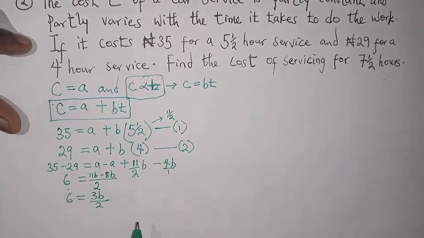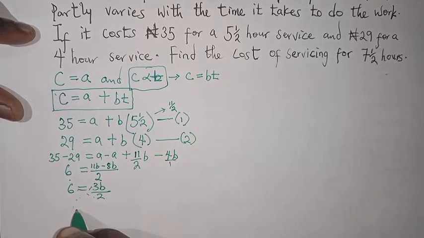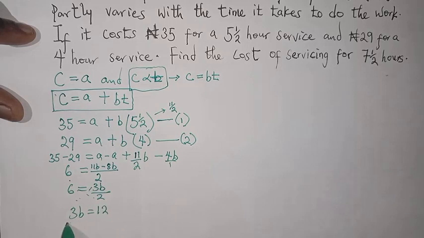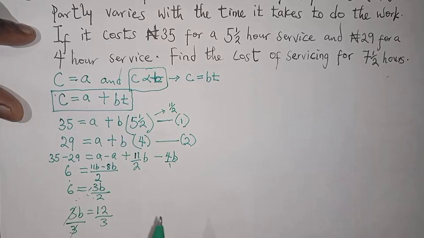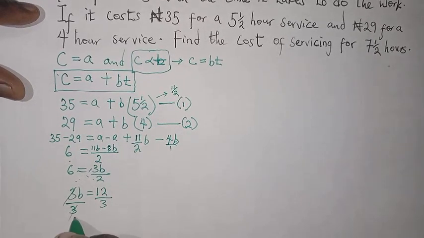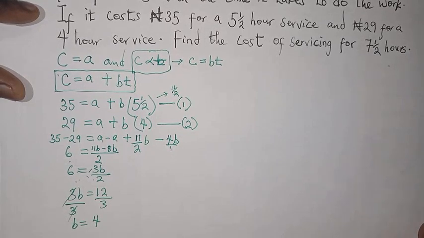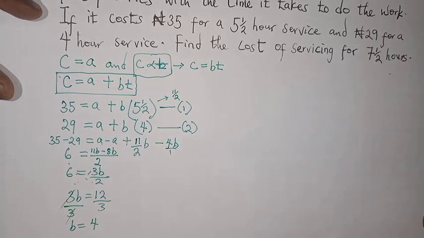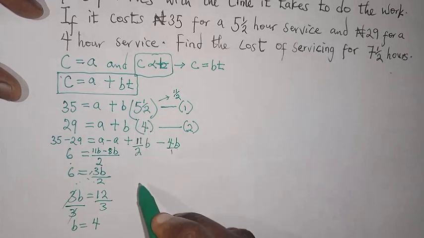At the end of the day, when I cross multiply, 3B equals 12. So B is simply 4. Okay, since we've gotten a value for B, I can quickly slot that into either equation 1 or 2 to get my value for A. So I'm going to slot it into equation 2.